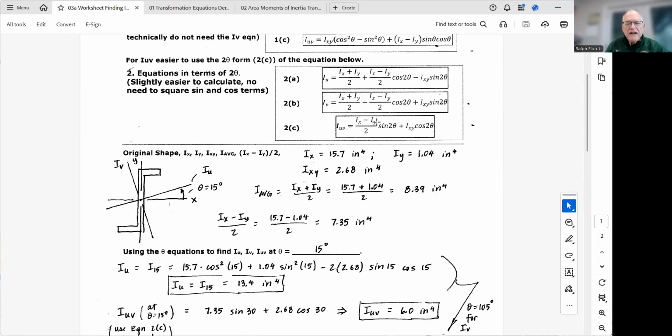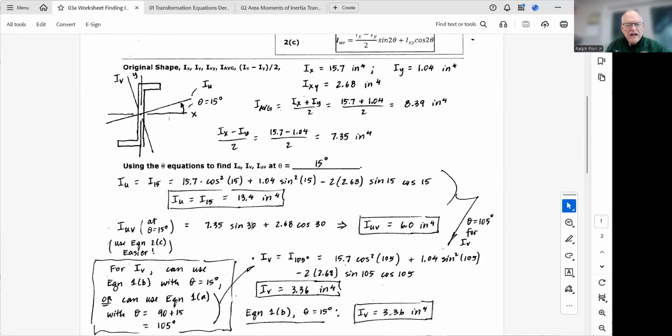It's Ix minus Iy over 2, which is 7.35, times sine of 30, plus Ixy, which is 2.68, times cosine of 2 theta, which is 30. And we get IUV in that rotated system is 6 at 15 degrees.